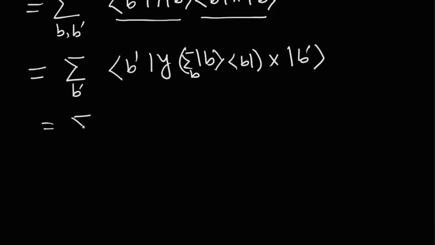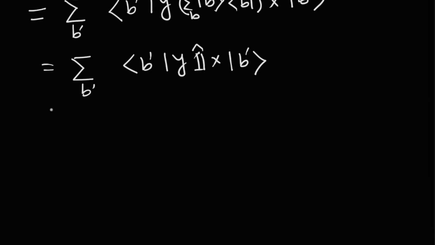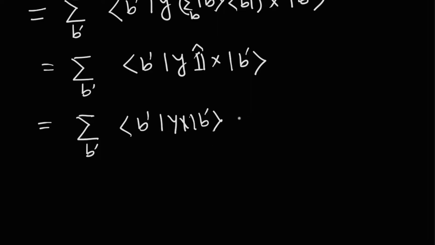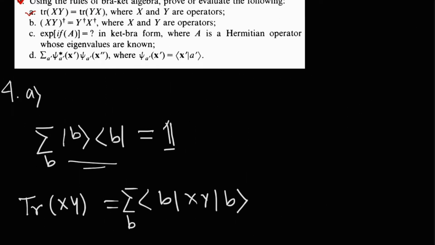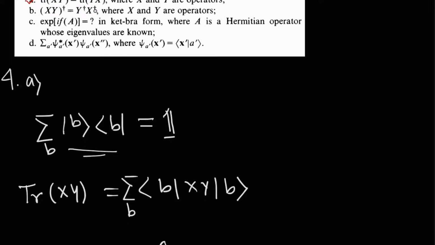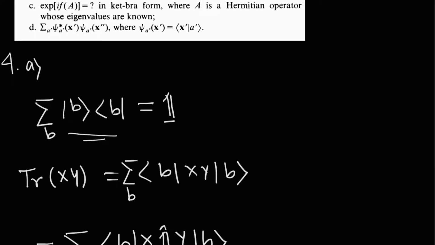This means <b'|Y times the identity operator times X|b'>, which is nothing but <b'|YX|b'>. This means trace of YX. Hence we prove the first part of the question, that is trace of XY equal to trace of YX. Now let us solve the second question.